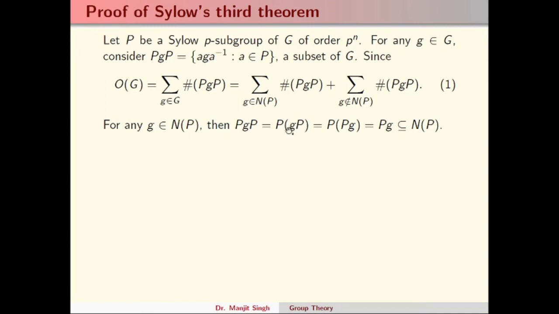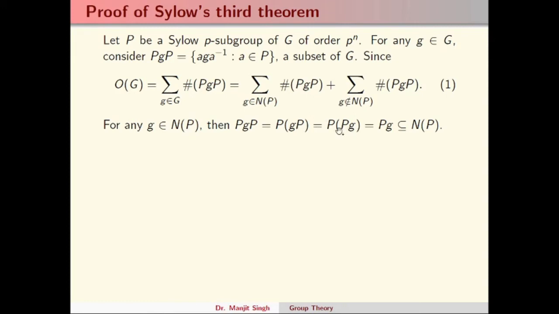This is just an action form of elements. So gP is a coset, and we are taking the action of elements of P on the left side, and this action is equivalent to this action, because gP is the same as Pg, since g belongs to N(P).